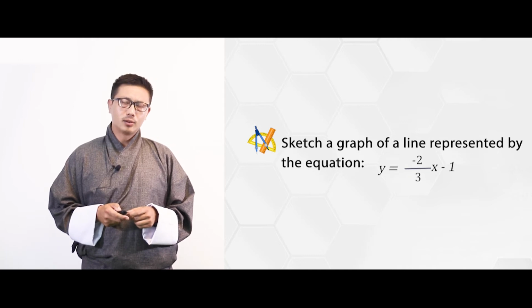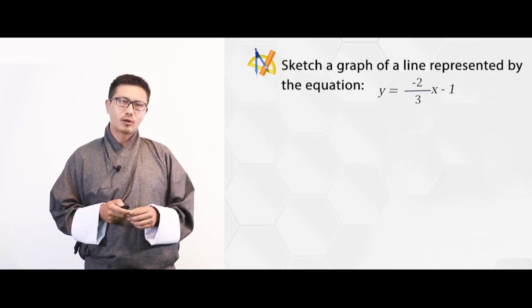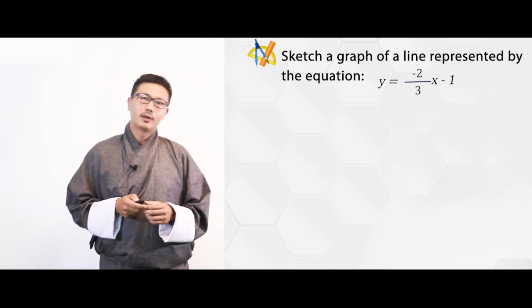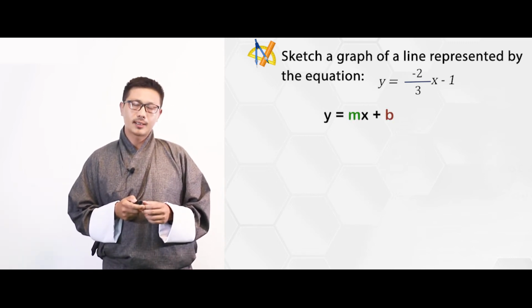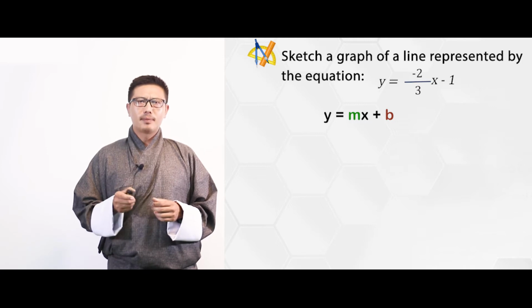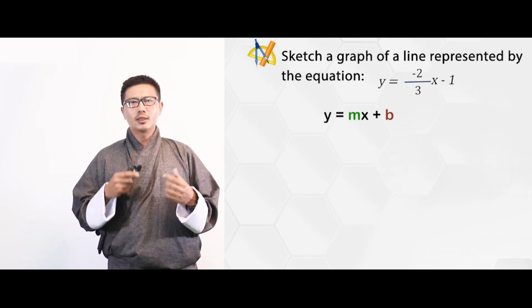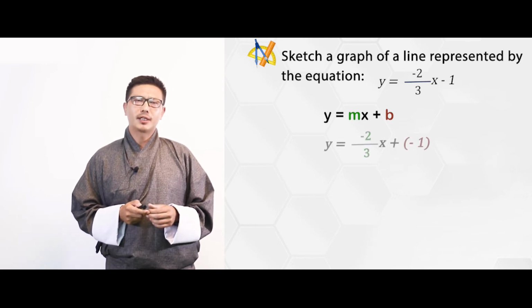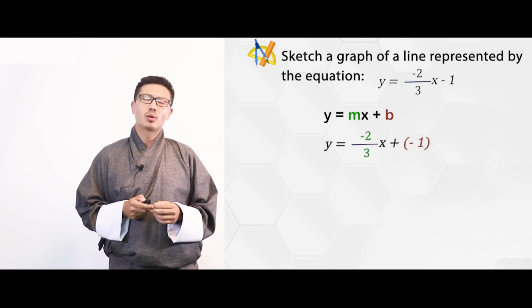Let us take a look back at the general form of the slope and y-intercept form. We have y equals to mx plus b. Let us compare our general form with the equation at hand. It says y equals to -2/3x minus 1.